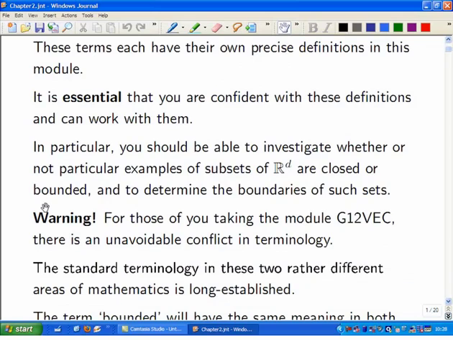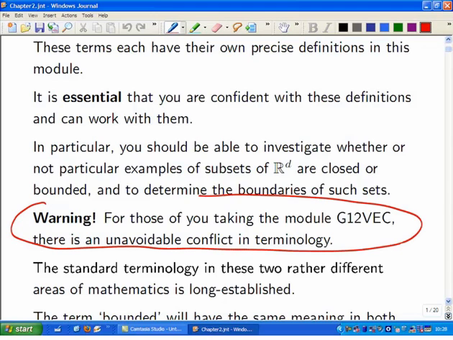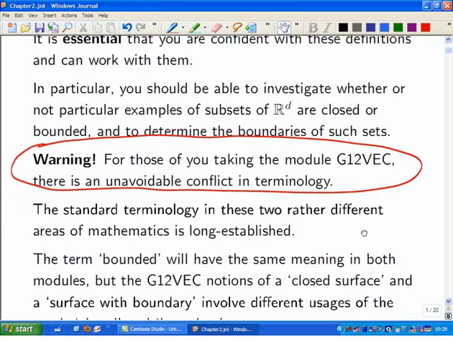So here's this warning that unfortunately we can't do anything about. They use slightly different terminology in that module. Fortunately, bounded means the same thing.